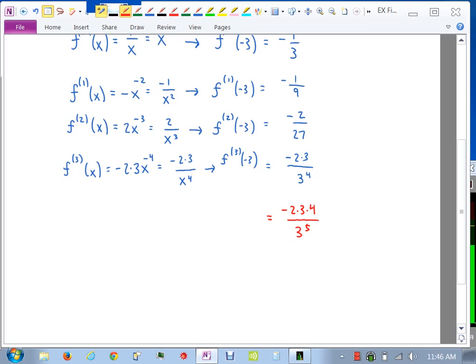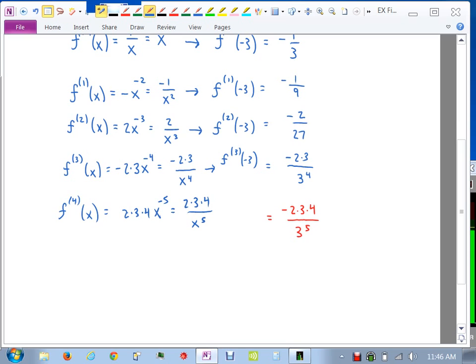If we take the next derivative, it'll be, I should say positive, 2 times 3 times 4, but then x to the negative 5, which is 2 times 3 times 4 over x to the 5th. When we plug negative 3 into x to the 5th, we get our negative. So by all indications, it's staying negative all the time.